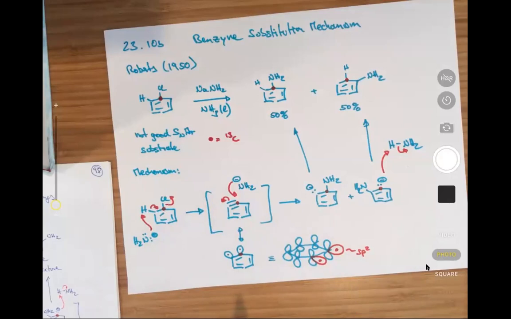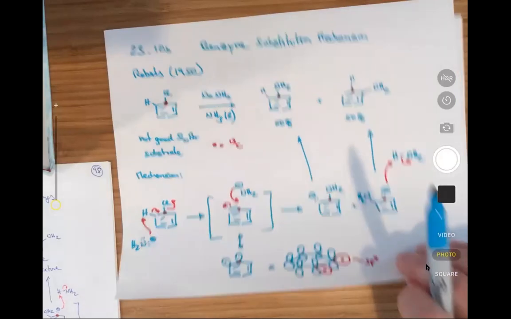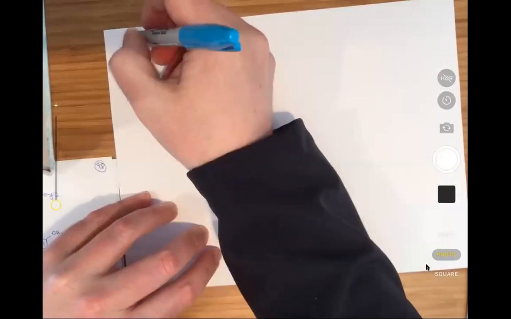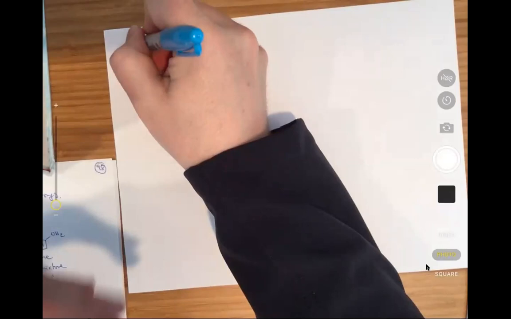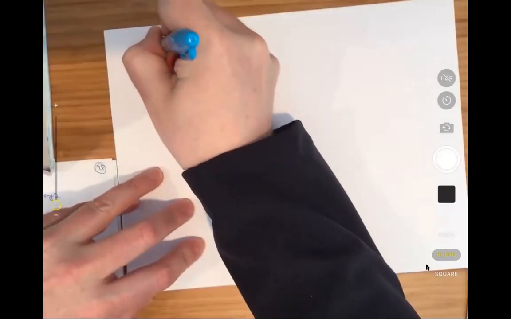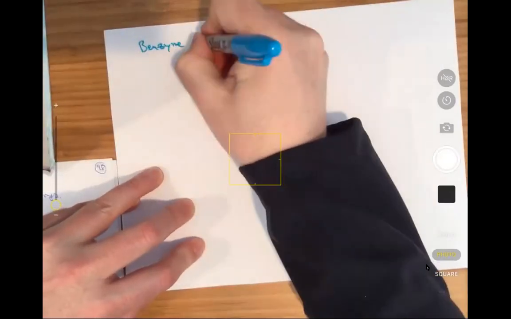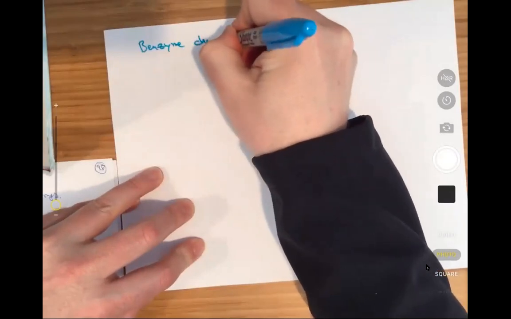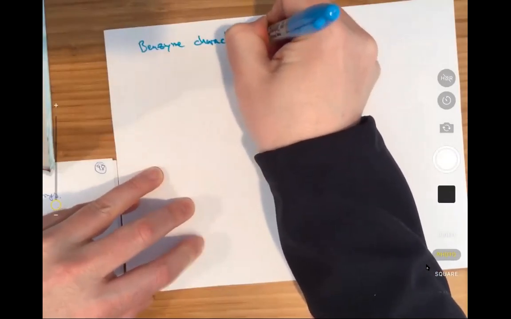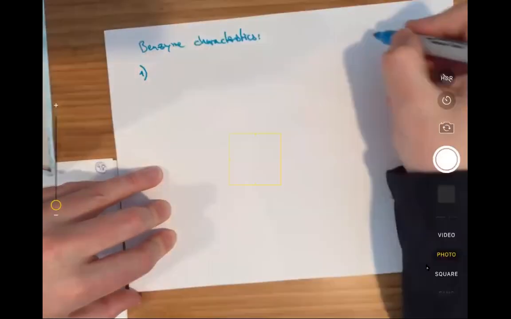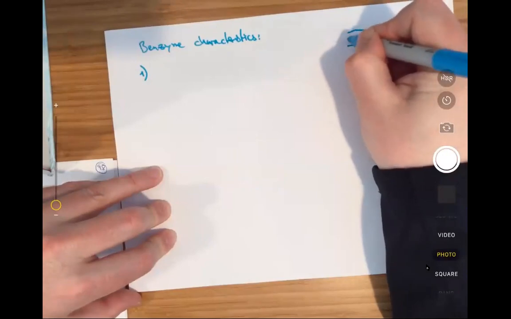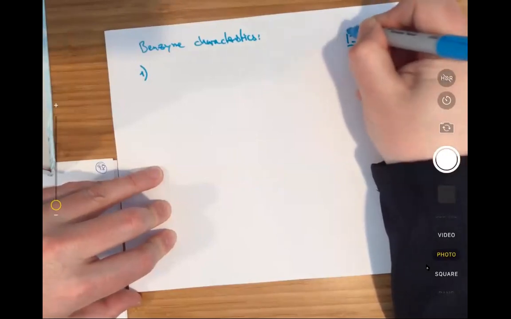Now, these benzynes are a little bit unusual structurally. Usually if you think about a triple bond, you don't usually think about this as acting as an electrophile. So, benzyne characteristics. The first thing, if you think about this, is that this thing is very strained.